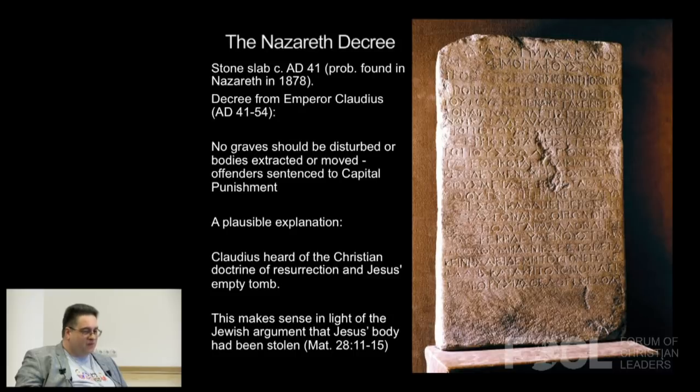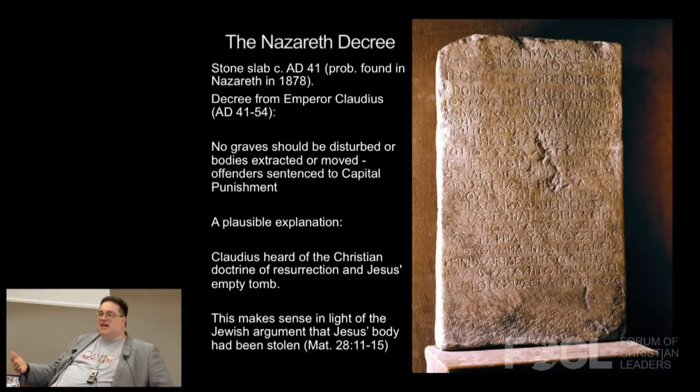Now, that's quite an interesting thing for the Roman Emperor to do, to make grave robbery a capital offence. And if this was indeed found within Nazareth, given the connection with Jesus, that makes this quite interesting.